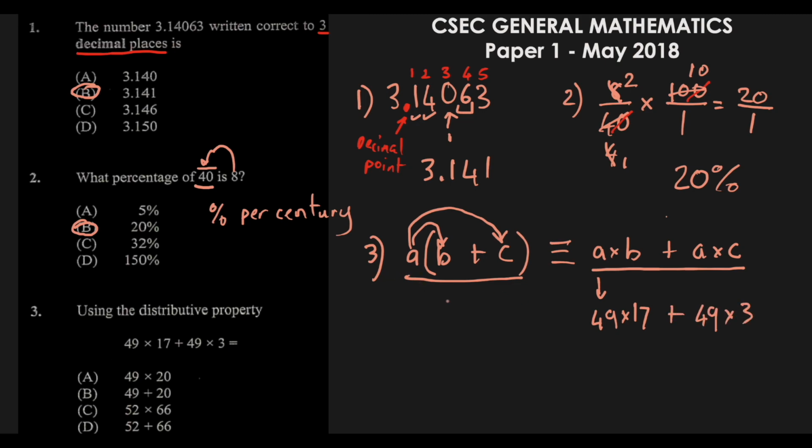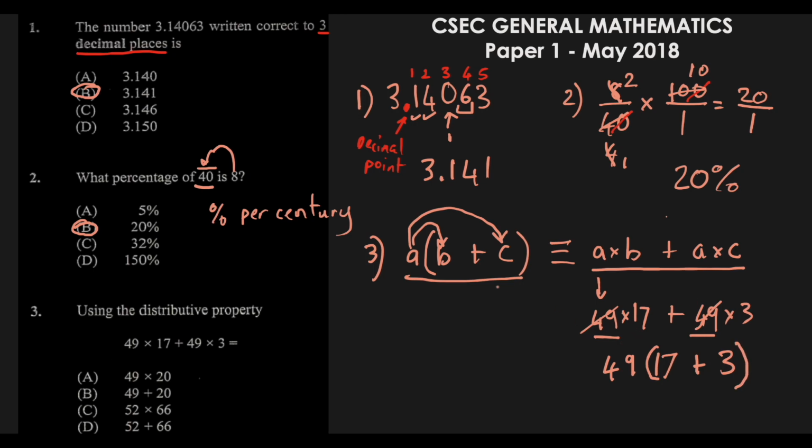So think of it like this. If we were to reverse it back to this, what's the common factor? The common factor is 49. Both of them have 49. So we can pull the 49 outside, open brackets, 17 from this side, because if we got rid of this 49, we would have 17 plus what's left here, 3. So 17 plus 3, close brackets.